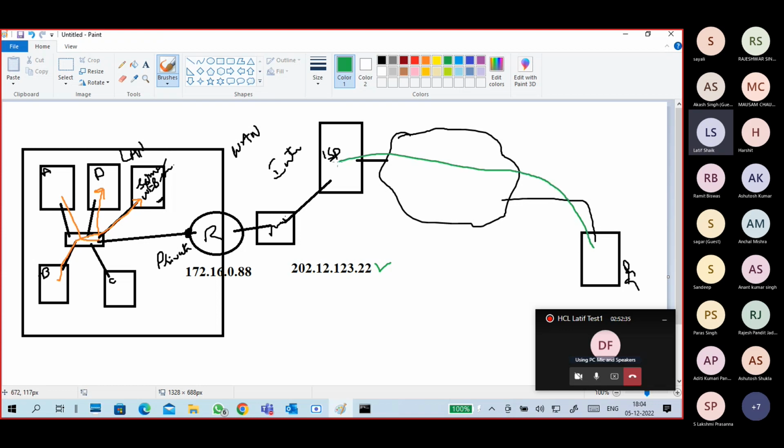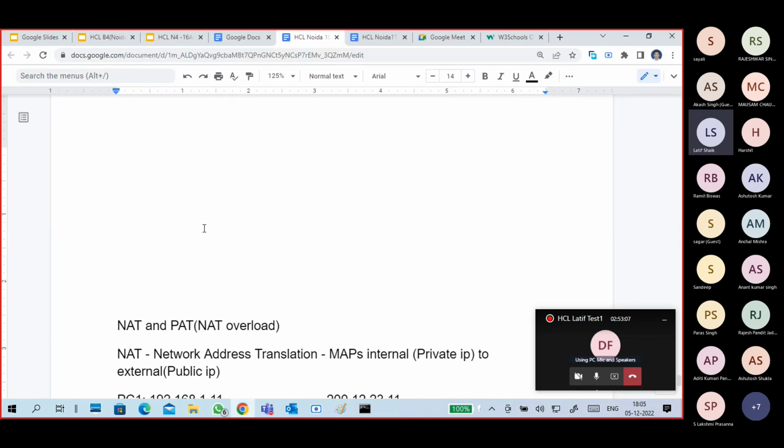You send a request with this public IP, it comes here, then it is translated into this private IP and it will be sent. Internally this IP only. For public people, they know this IP address only. So this technique we call the NAT technique. Network address translation.